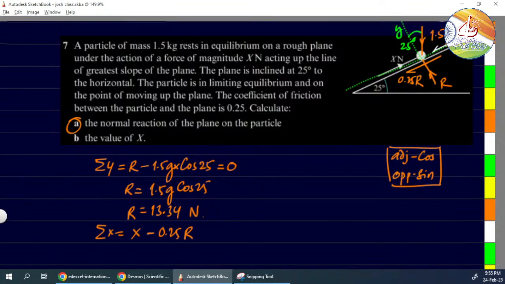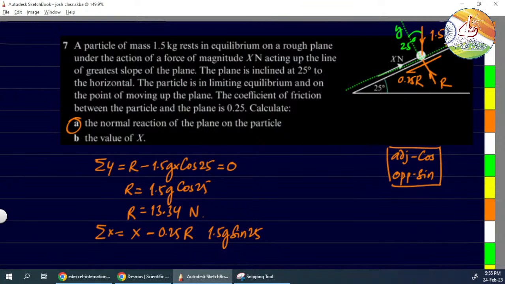So what will be the x component? Now we are going opposite, and opposite means sine. So 1.5 g into sine of 25, correct?